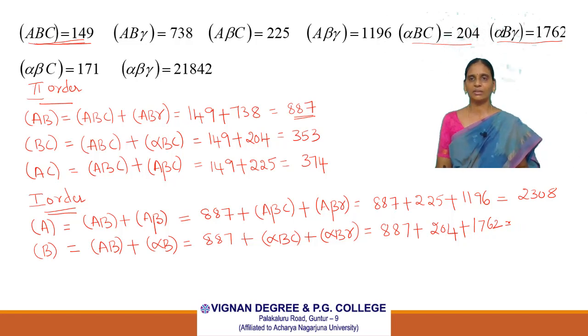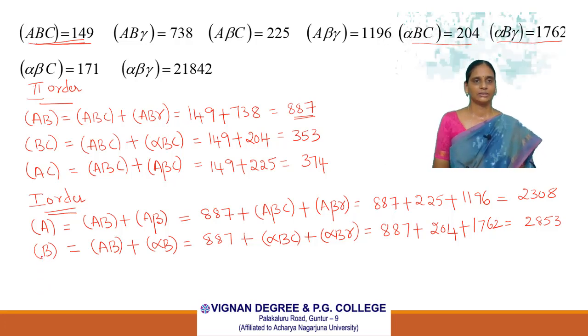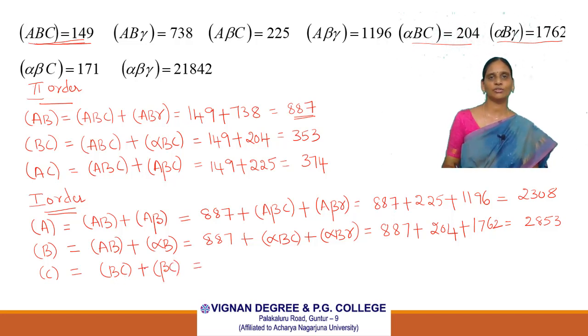Sum of these three values we get 2853. And the last first order positive class frequency, that is frequency of C, is equal to frequency of BC plus frequency of beta C, and this is equal to frequency of BC value we get in the second order.